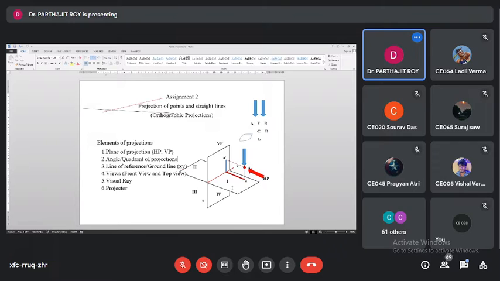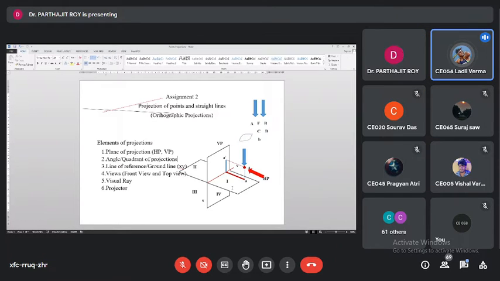Similarly, if you drop a perpendicular from the front view on the reference line, it will be another projector. One is vertical projector, another is horizontal projector. Okay, and both of them will be meeting at a common point on the reference line XY. Yes or no? Yes, sir.